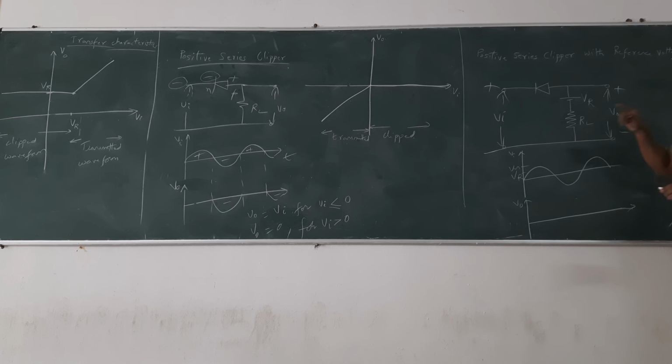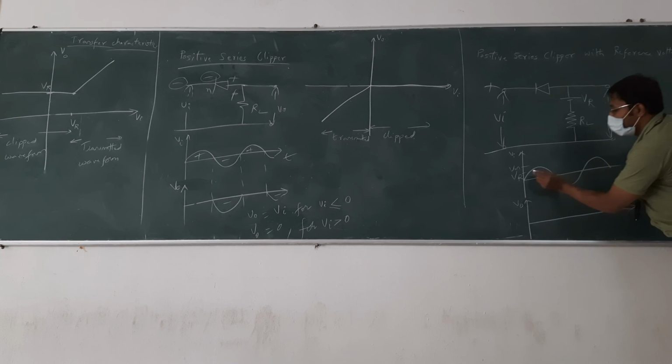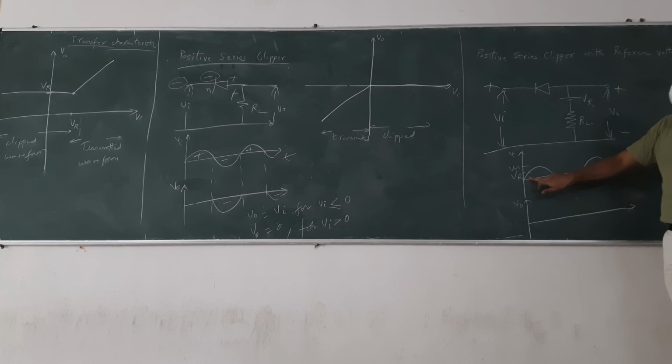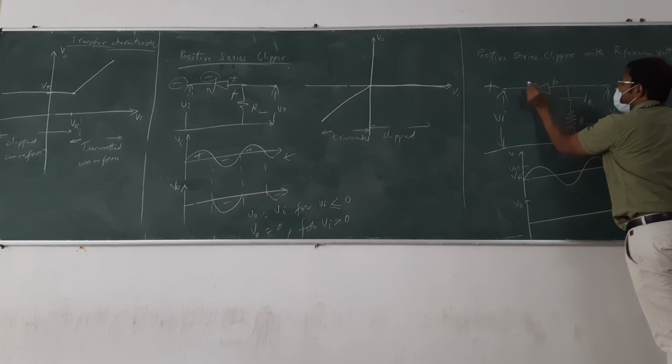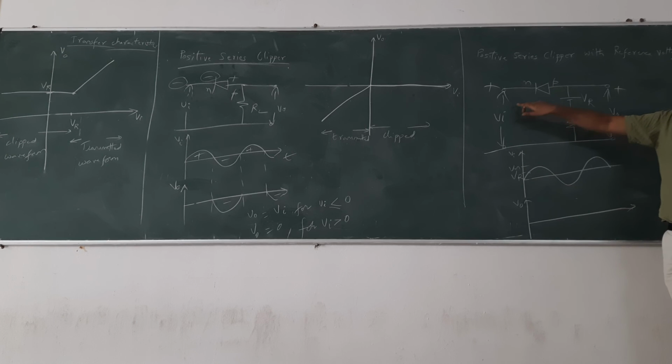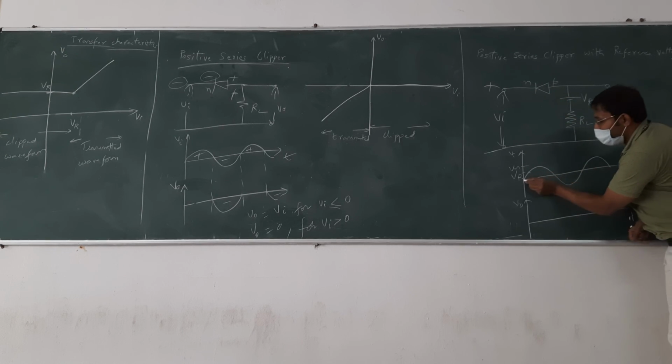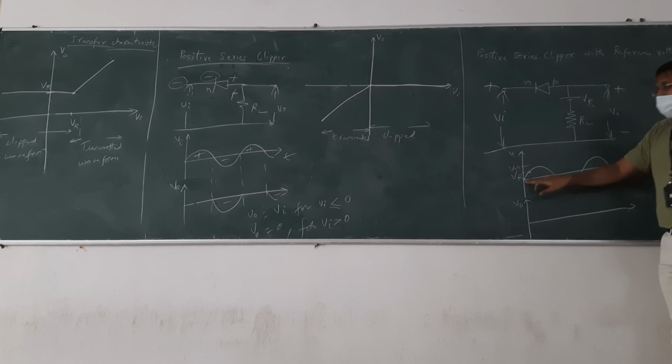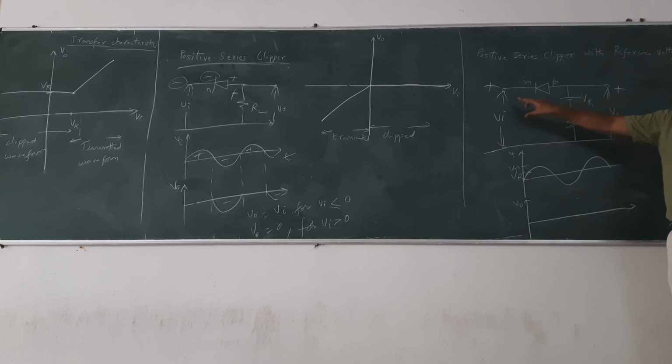Okay, so here to here, Vi is less than VR. So this is the P-N side. What will the waveform be? Here to here, this part of the waveform, the input voltage is less than VR, so the diode is on.